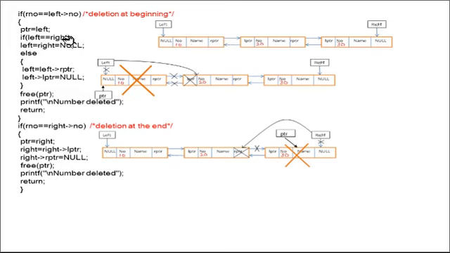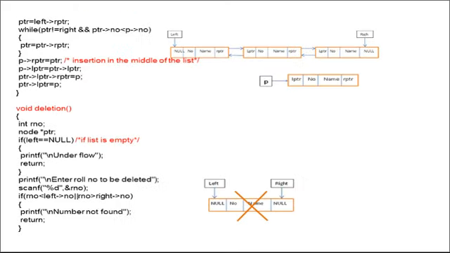Okay. If left equals right, what is the meaning of left equals right? If you see in the previous slide, left equals right means there is a single node in the double linked list. If there is a single node in the double linked list, then you need to delete that single node, because the double linked list contains only a single node.